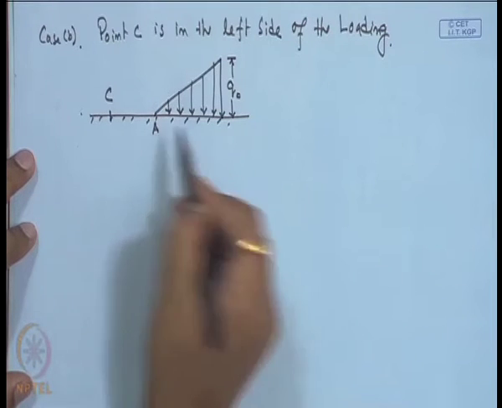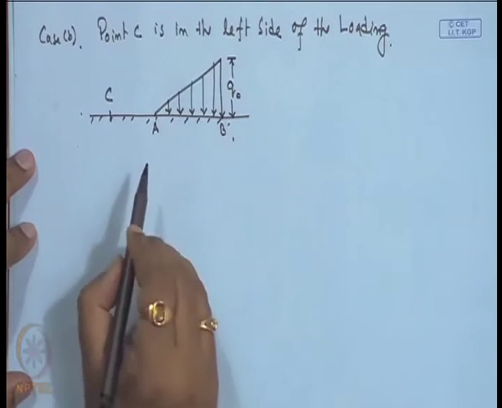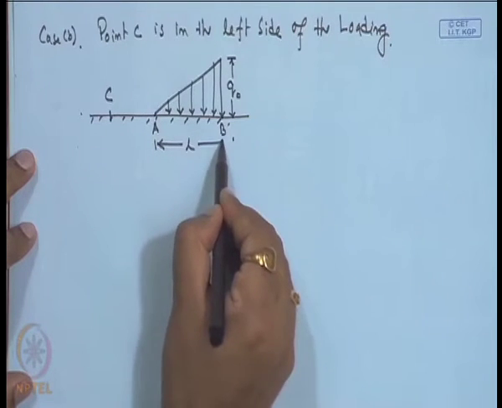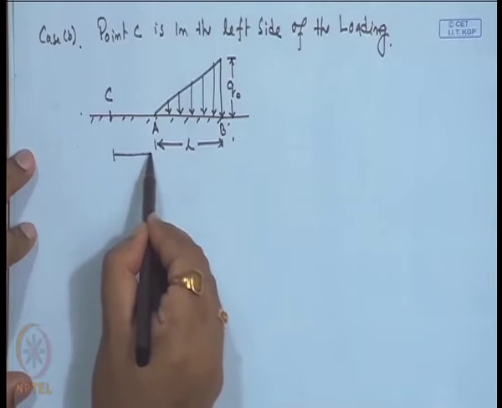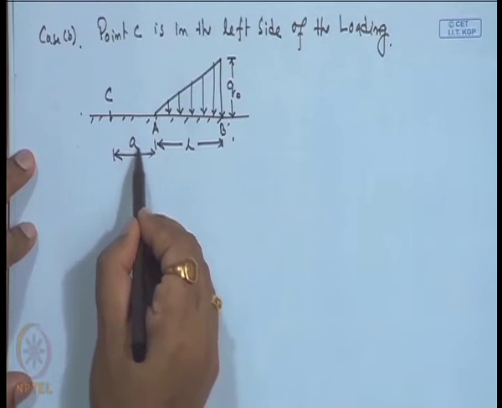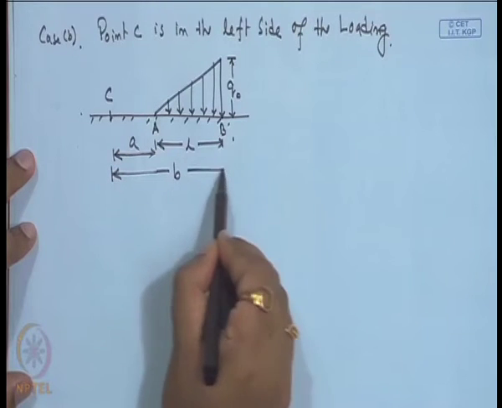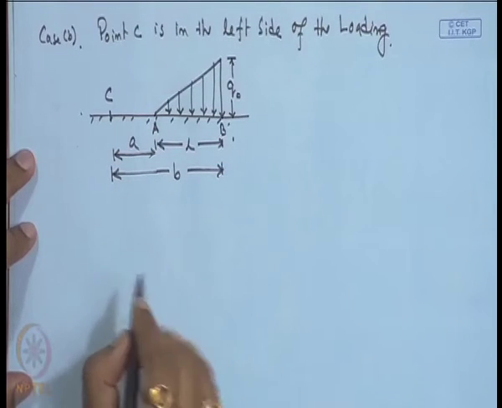Incidentally, this point is A and this point is B, and from A to B it is L, from C to A it is a, and from C to B it is b.